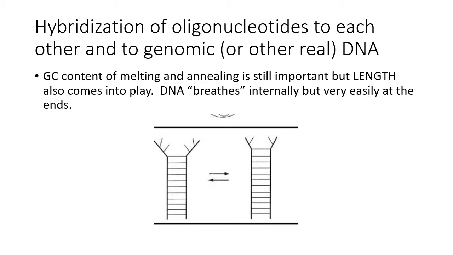That's shown in this picture, where the molecule on the left is base paired along most of its length, but the ends have started to come apart. Now that can continue to come apart, or it can zip itself back up again, as shown in the right part of the diagram.